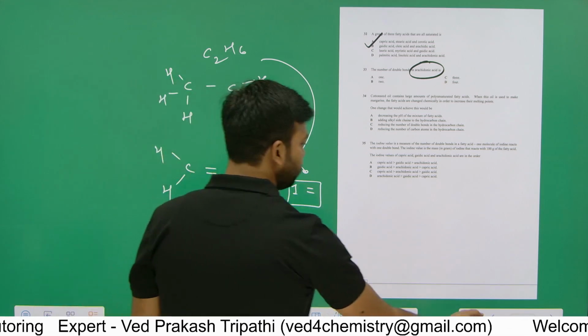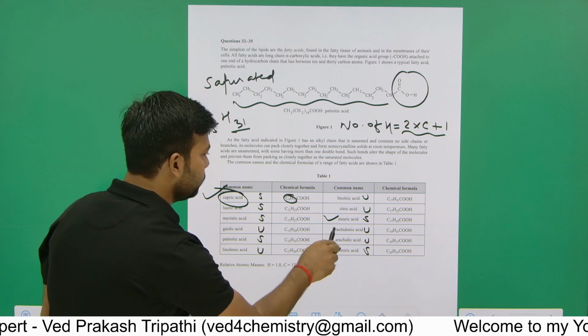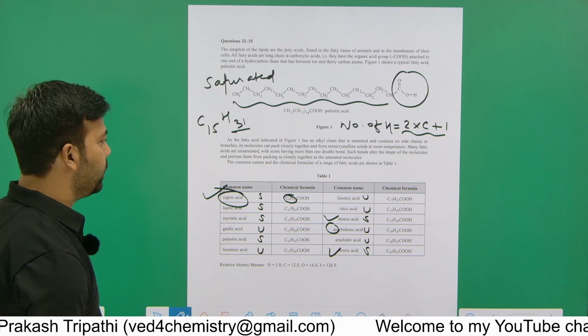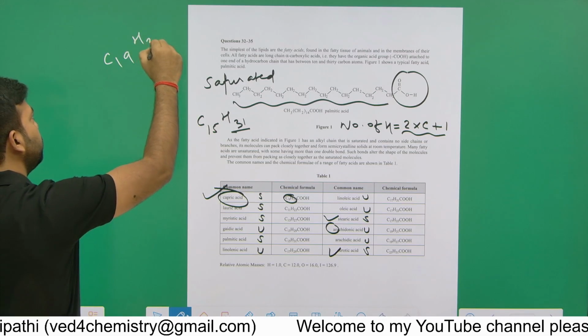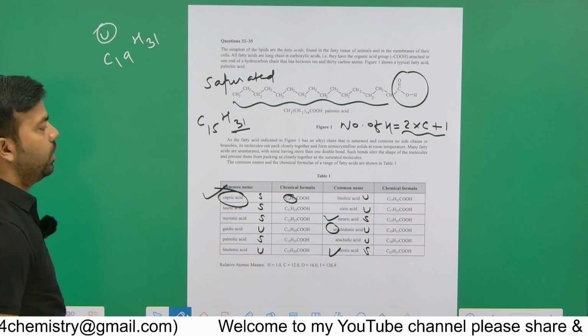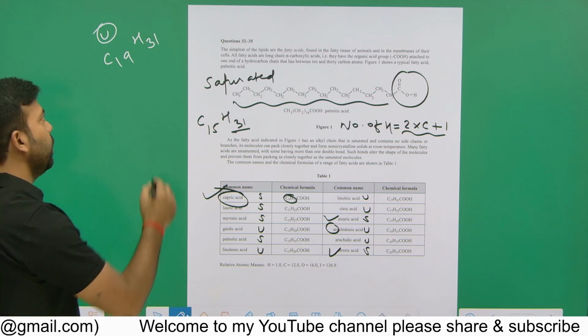Look at here. This is arachidonic. The molecular formula is C19H31, and this is unsaturated. So suppose if this is going to be saturated, then what should be the molecular formula?